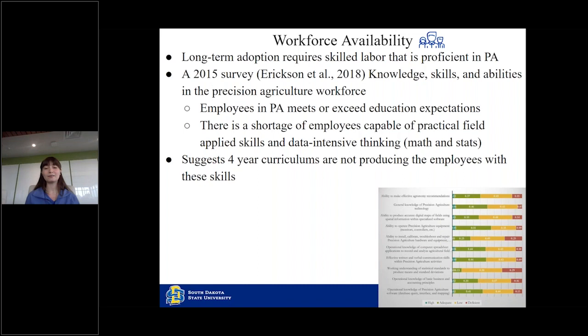And because these skills don't seem to be present for employees, it seems that this is suggesting that the four-year curriculums that they are attending do not produce the employees with the skills that are needed for these practical field applied skills and for the data intensive thinking skills that industry is really looking for to progress precision agriculture.